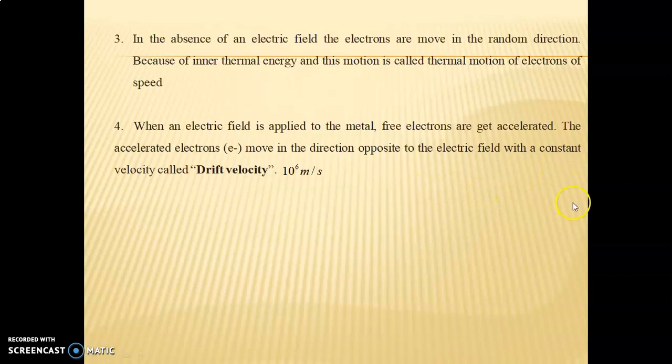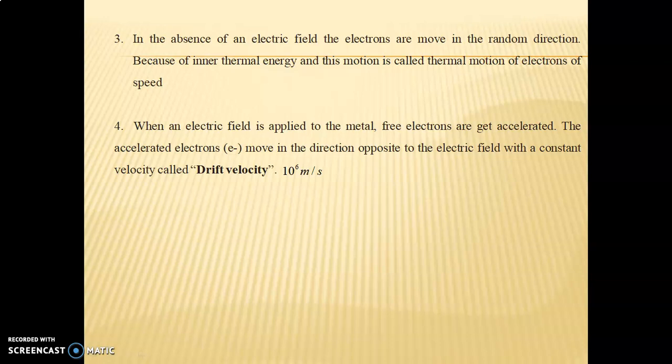Third postulate: in the absence of electric field, electrons are moving in random directions. Fourth: in the presence of electric field, free electrons in the metal are accelerated in the opposite direction of the electric field.